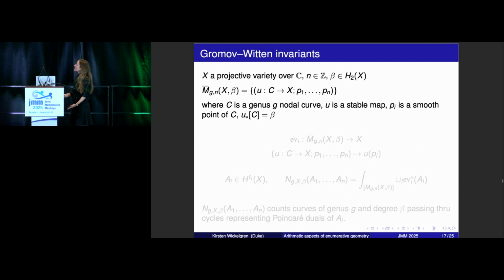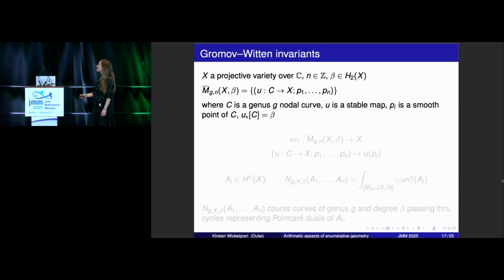Think of C as being a curve on X. And then we've got marked points, p1 through pn, that are going to be smooth points of C. And this g means that C will be a curve of genus g, we'll allow it to have nodes, and u has a finite automorphism group. And then we're interested in those curves that have fixed degree beta.